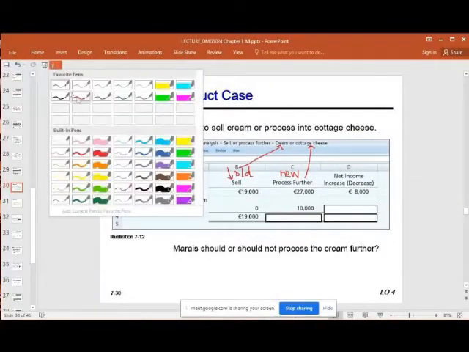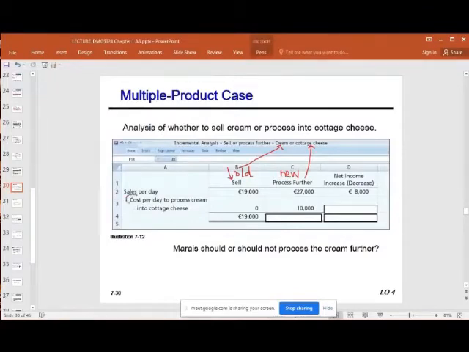Since this is cost, if you compare the cost from 0, now it becomes 10,000. So cost increase, net income decrease. So net income decrease, correct, negative.